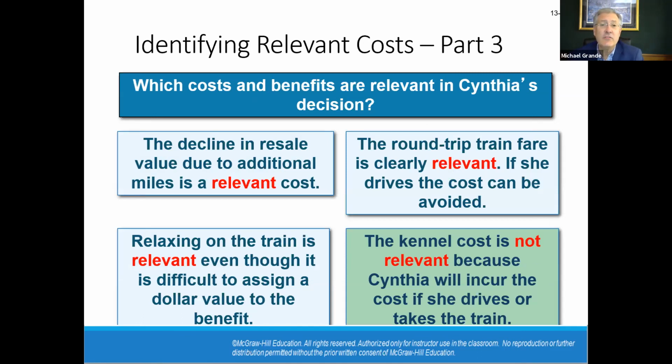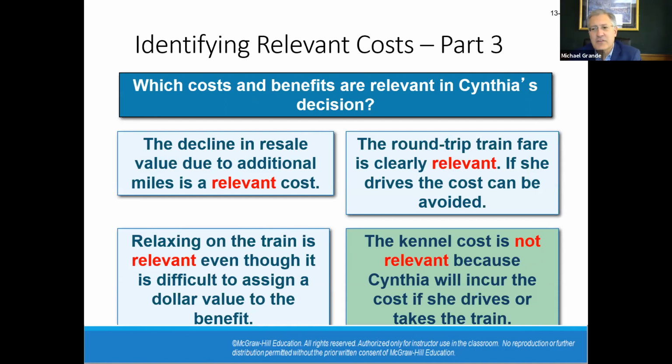The decline in resale value due to additional miles is relevant because you're putting more miles on. The round trip train fare is clearly relevant. If she drives, the cost can be avoided. Relaxing on the train is relevant, even though it is difficult to assign a dollar value to the benefit.